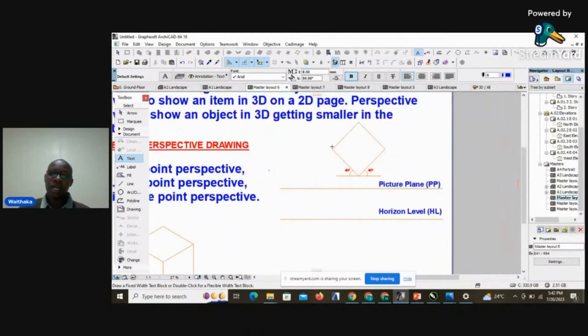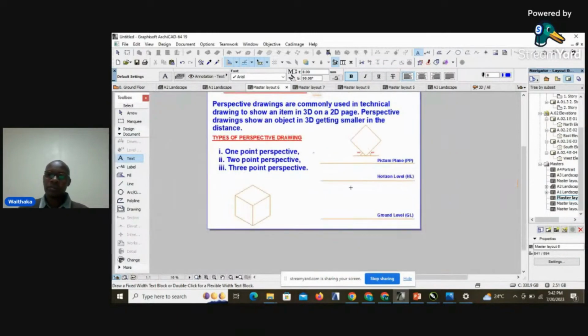Again, we've said when you are generating perspective, we usually use the plan of the given object. That is what you usually reference with respect to the picture plane, and then from there we go ahead and generate the required perspective, whether it's a one-point perspective or two-point perspective.